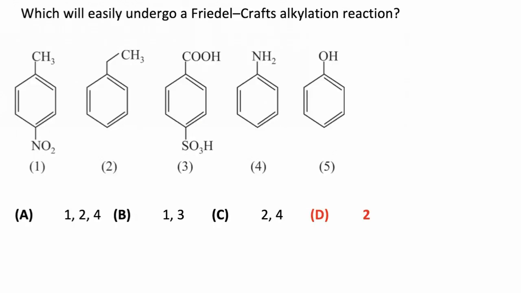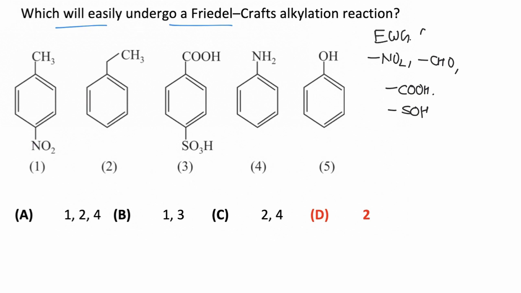In this question we have to find which of the following compounds will undergo Friedel-Crafts alkylation reaction faster. Now if electron withdrawing groups like NO2, CHO, COOH, SO3H are present, in presence of electron withdrawing groups, no Friedel-Crafts reaction is possible.